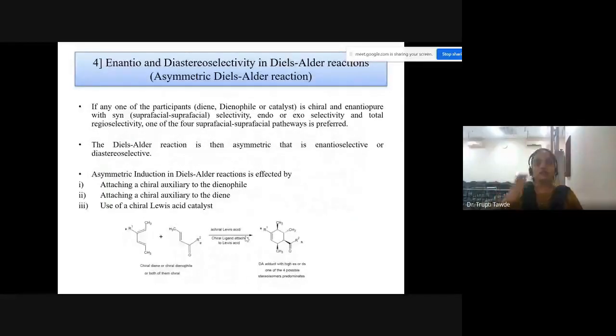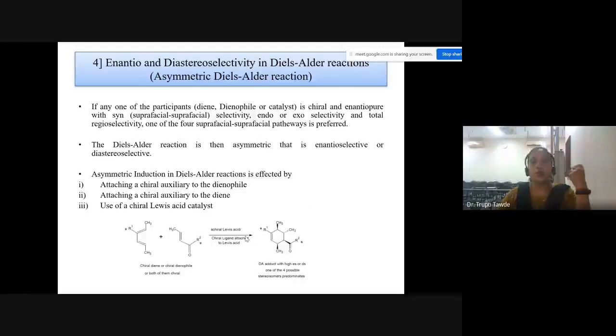OK, this is the last part, that is asymmetric Diels-Alder reaction, where we have to see how, out of the two products you are getting, I will get only one product. That means how to induce the asymmetry, that we're going to talk about in this part, that is called asymmetric Diels-Alder reaction.